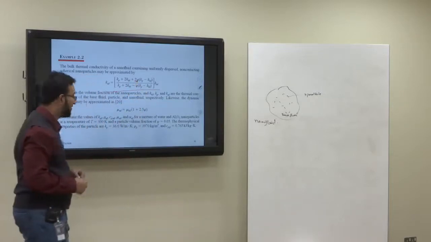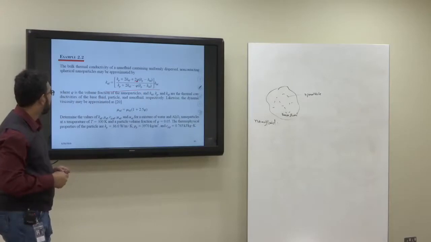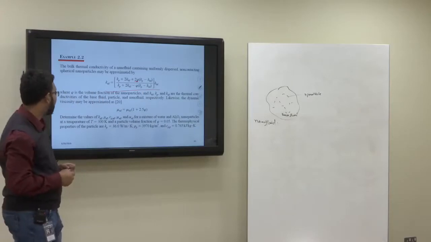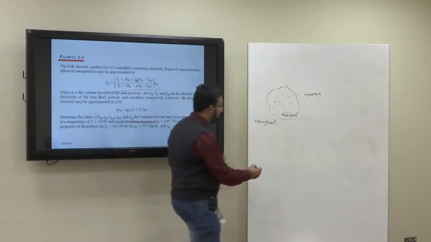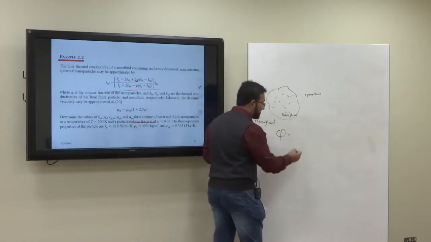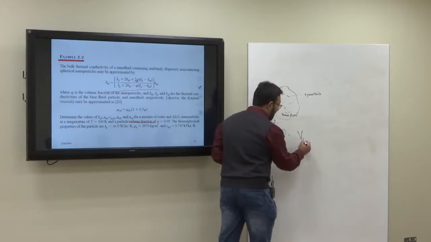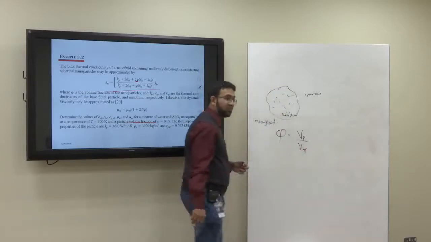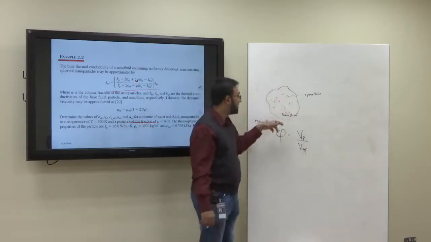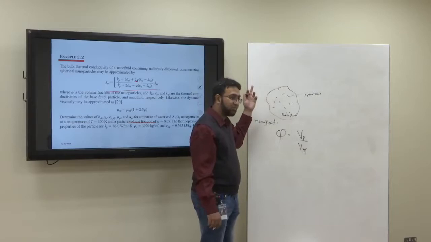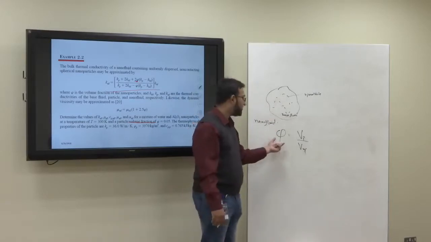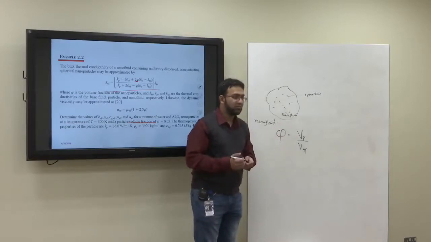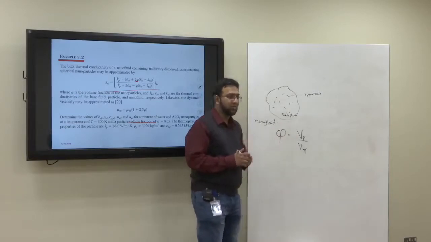Phi is basically known as the volume fraction, meaning volume of particle divided by volume of nanofluid. So if I have a total 100 kg nanofluid and particle 2 kg, so the phi will be 2 divided by 100. So it's volume fraction.